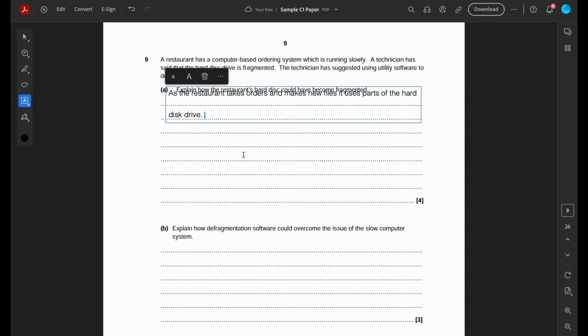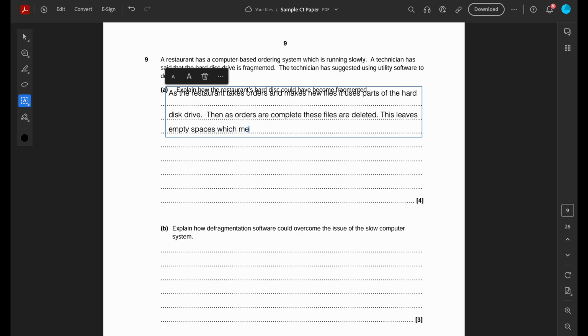Then, as orders or files are complete, these files are deleted. This leaves empty spaces, which means the drive is now becoming fragmented.